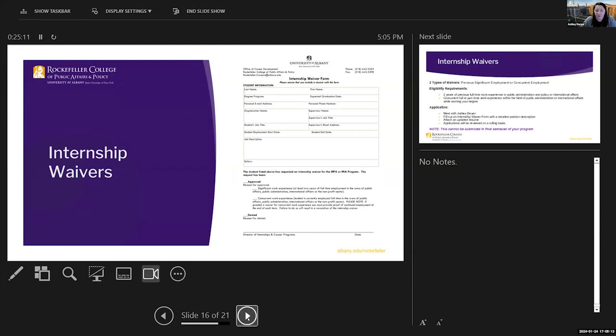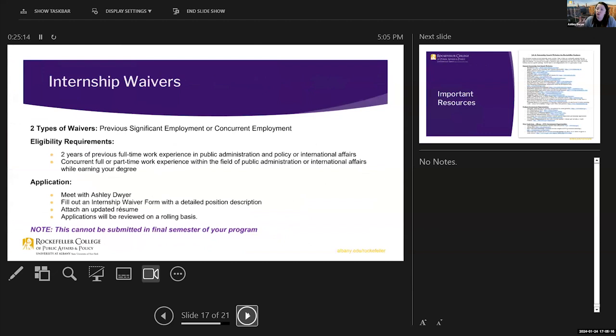I'm going to get into the next slide because it mentions there are really two ways to receive an internship waiver. One is that you have previous significant relevant employment. That requires a minimum of 2 years of previous full-time work experience in public administration and policy, international affairs, or a field relevant to your degree. So it's important not only that you have 2 years of experience, but that the position is relevant to the program and the competencies.